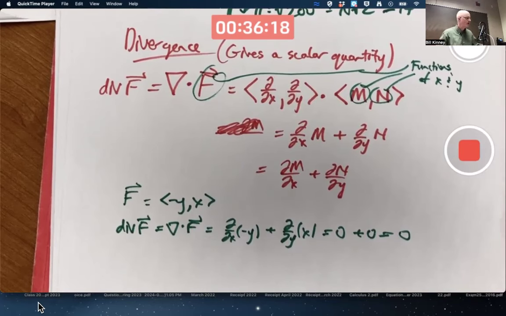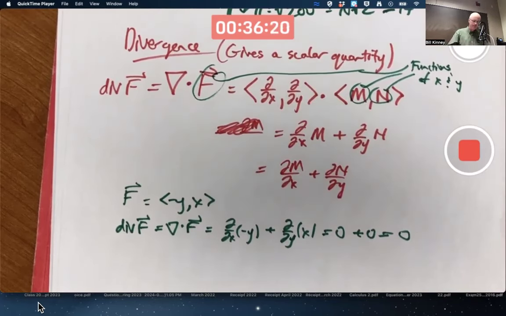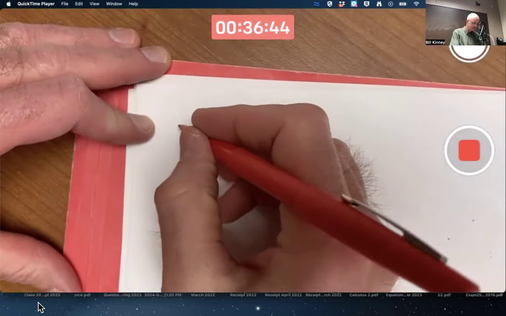The other kind of differentiation operator, at least with three-dimensional vector fields, which I will talk about in a few minutes, gives you another vector field. But with a two-dimensional vector field, it gives you a scalar. It's called the curl.